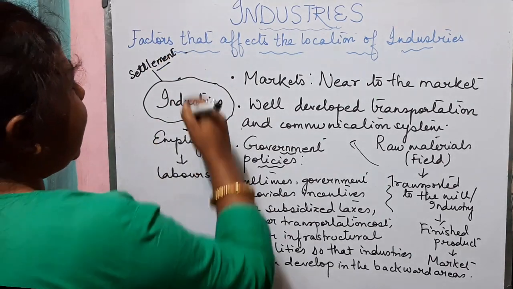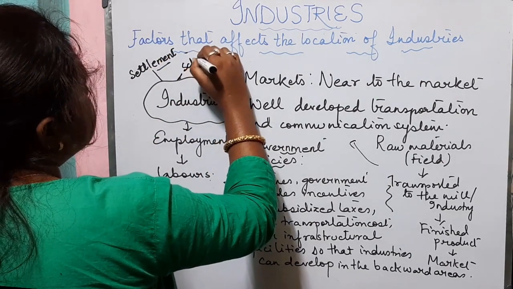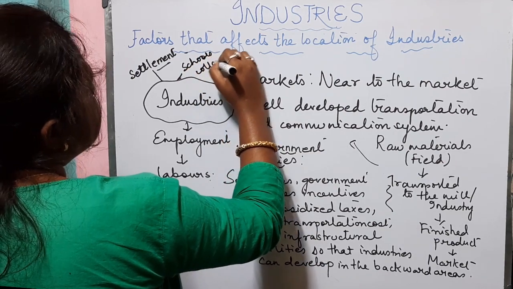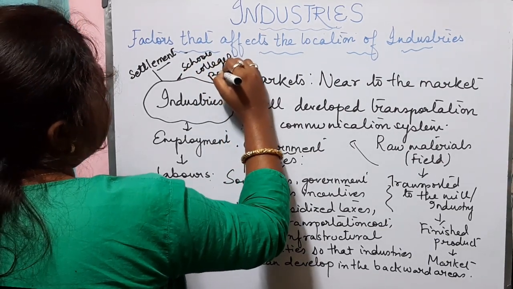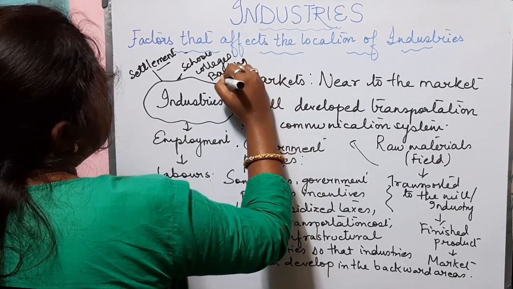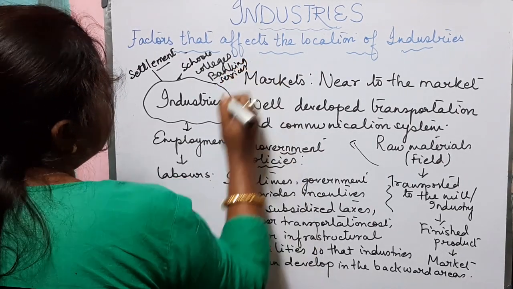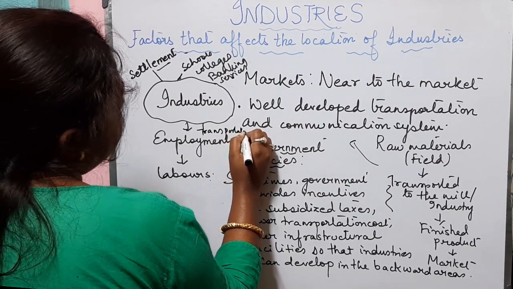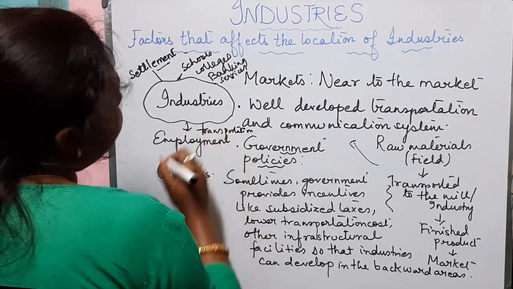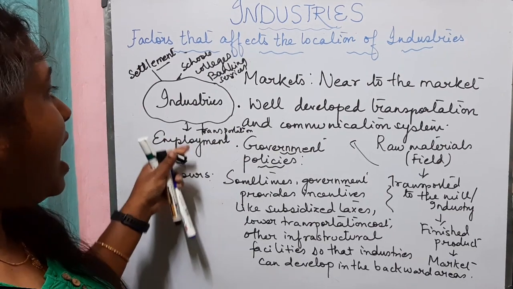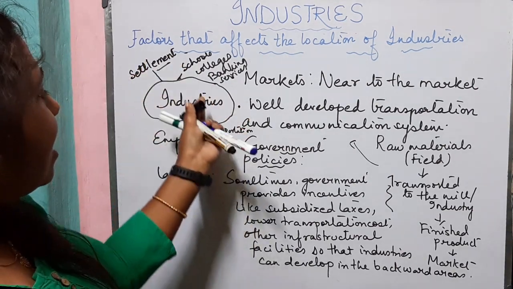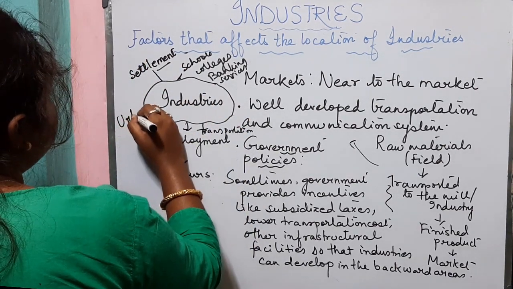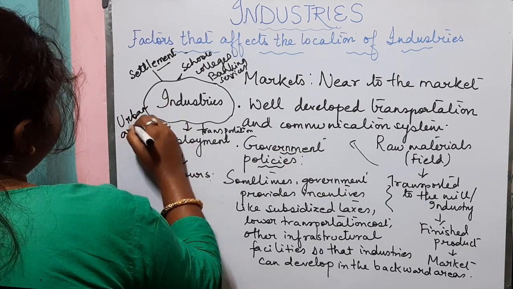With the settling of the laborers, we will see that schools, colleges, more banking services, transportation, and other modern means will develop. And slowly this area will convert into an urban area.